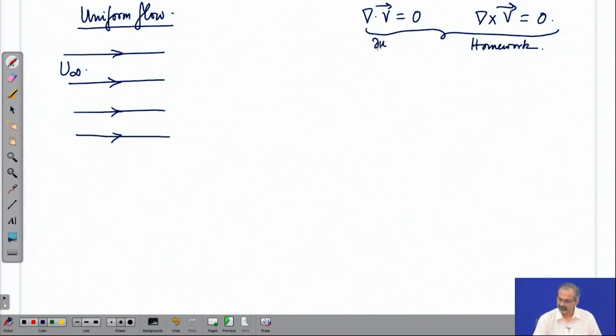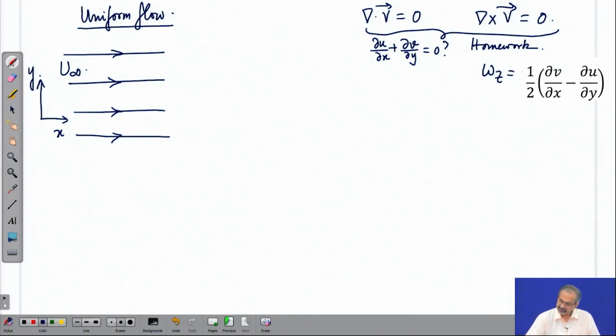Remember that here you have to look at del u del x plus del v del y, whether that goes to 0 or not. And here, because you are talking about a planar flow field, that means this is in xy plane, you have to see whether the only component of vorticity which will exist in that case, whether that goes to 0 or not in uniform flow.